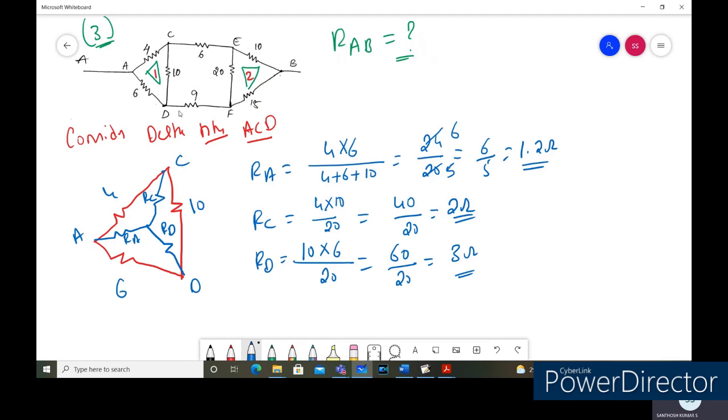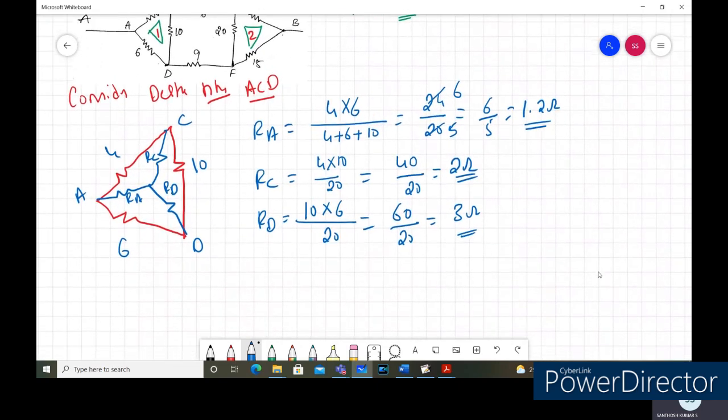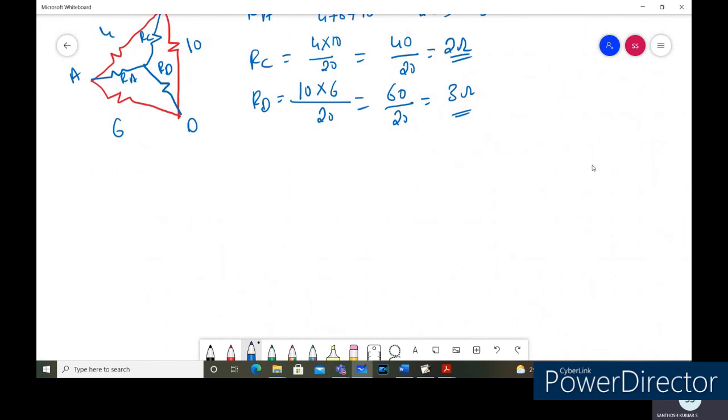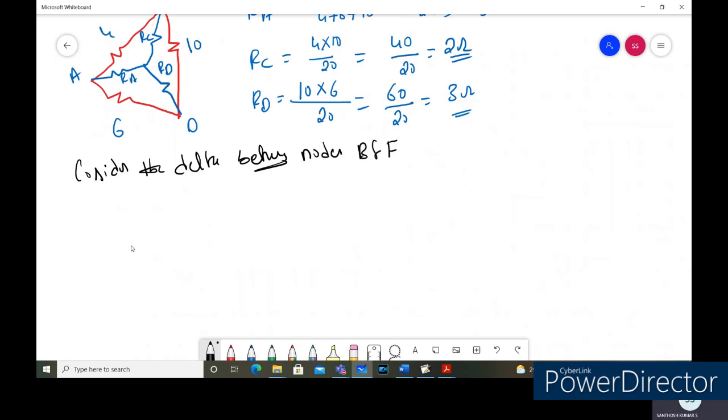Similarly, let us find the equivalent resistances between the nodes B, E, F. We will consider the delta part of the network between B, E, F. I am going to construct the circuit diagram as it is.